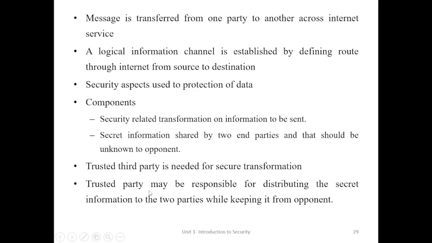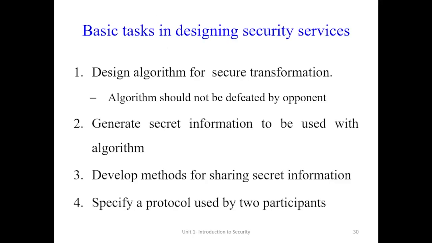That trusted party should be responsible for distribution of secret information between two end parties, and that secret information should be kept secret from the opponent. So the overall processing of this step-by-step model is a network security model.